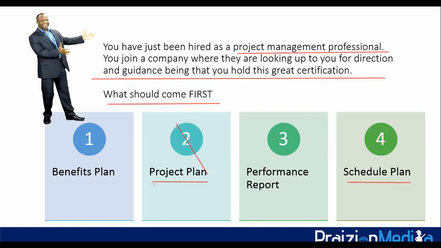So these are both worthless as far as the answer is concerned. Then you've got performance report, which doesn't come until you're executing the work and then getting data back and analyzing the data in monitoring and controlling. And performance reports happen much later on when work is in progress. So it's none of those 3.